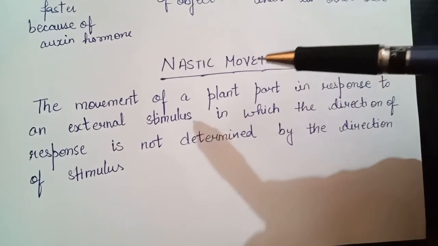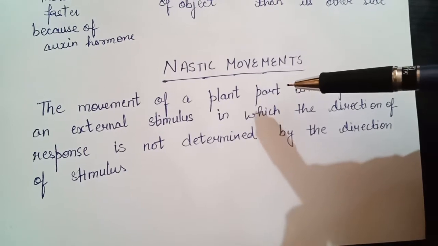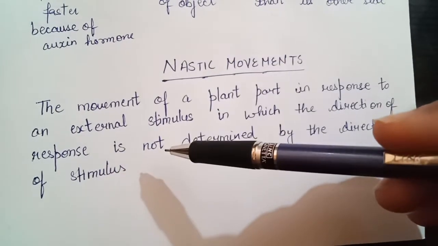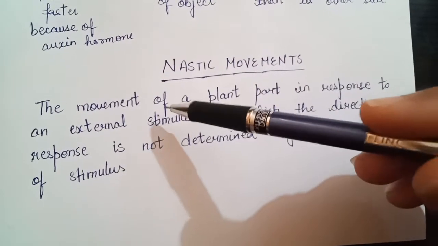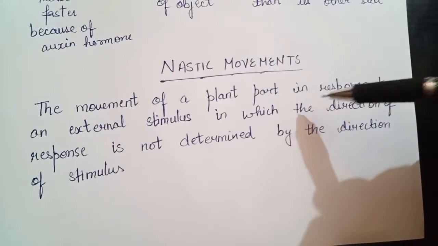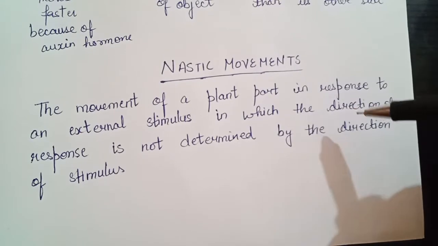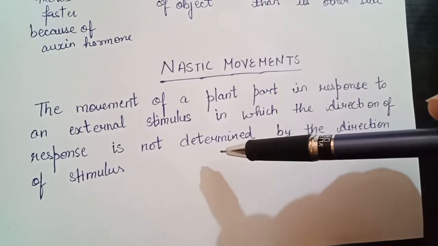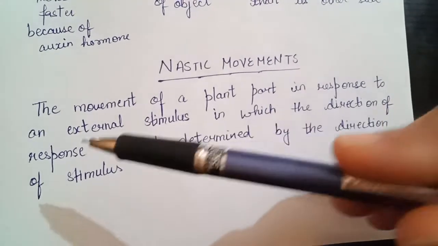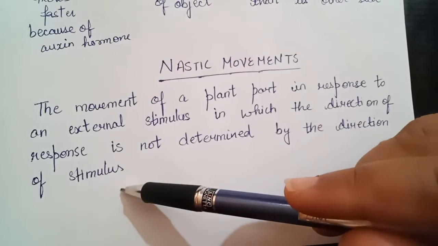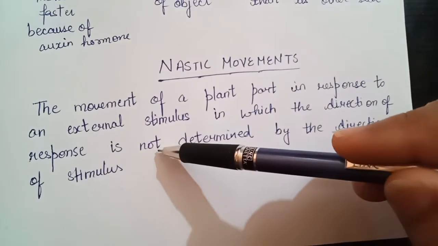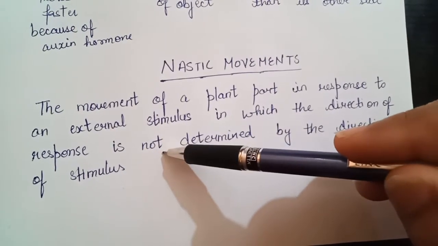But in nastic movement it is the opposite: the movement of a plant part in response to an external stimulus in which the direction of response is not determined by the direction of the stimulus. Note that this is very important.